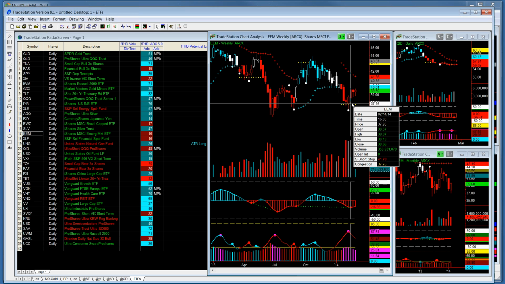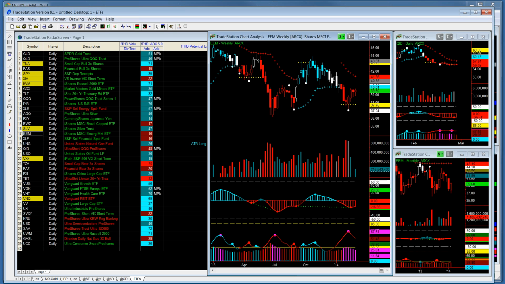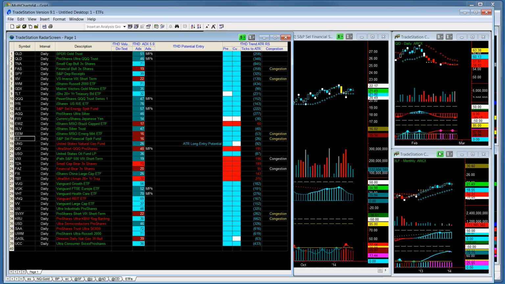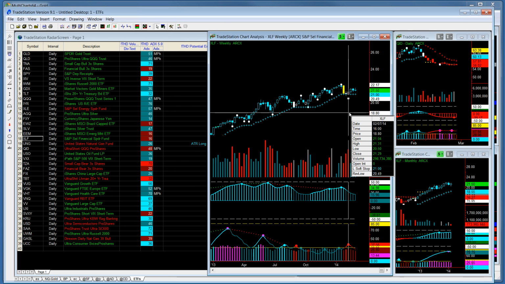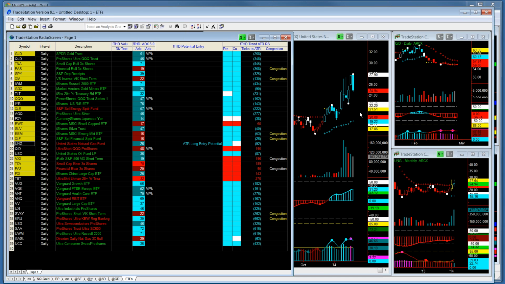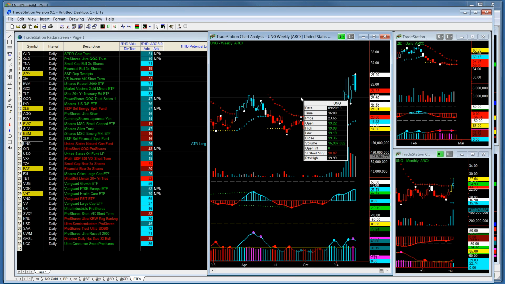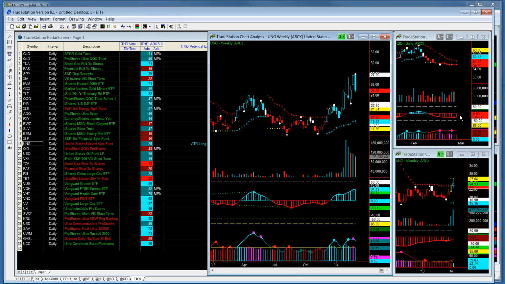On this one, there hasn't been any divergence. XLF, no divergence. Natural gas, let's see, you had divergence here, you had divergence here, and this was in a downtrend.